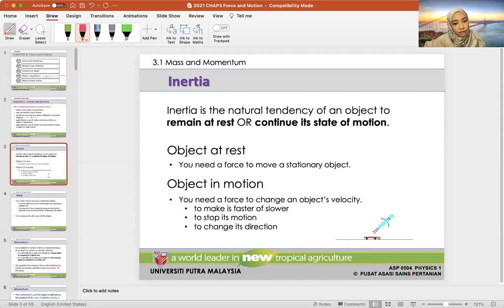An object in motion, you also need a force to change the object's velocity, to make it slower or faster, or to stop the motion ataupun change direction. So apa-apa yang berkaitan dengan change, berkaitan dengan motion, sama ada tengah duduk diam-diam ataupun tengah ada certain speed, you need a force to change it, either direction, either speed, or either to make it stop ataupun move.